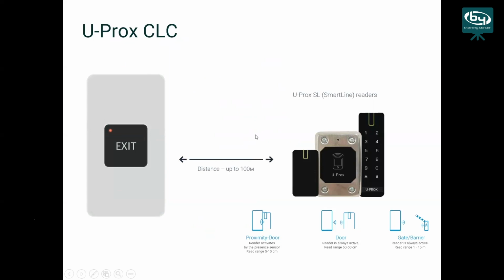As I said, it's compatible with all the SmartLine readers, any model, no matter which. It can reach a distance of up to 100 meters from the reader to the controller. In this case, this limitation is for the communication protocol, the wiring protocol, in this case WGAN 26.